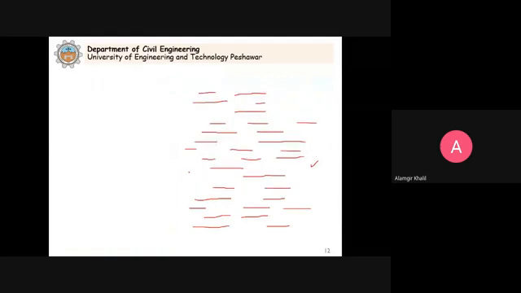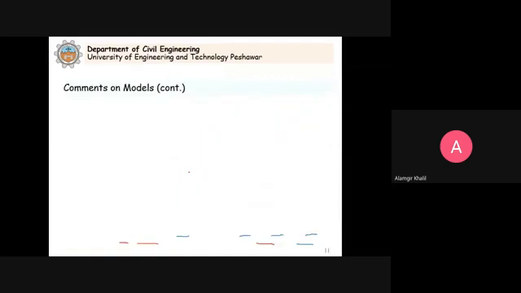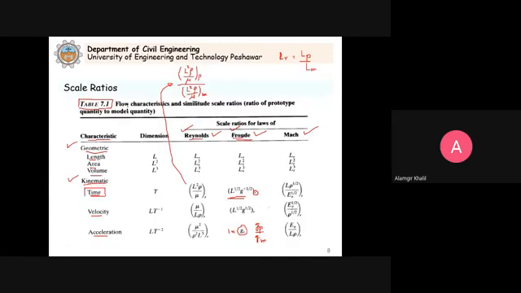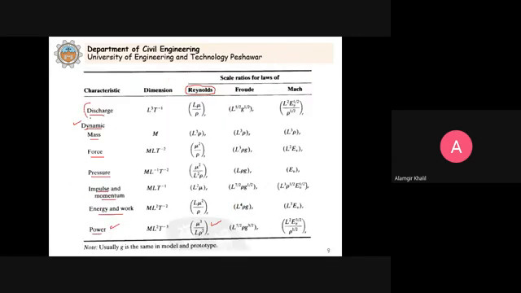If I go back, this is the table we just discussed, which is given in your textbook. For the Reynolds number, where is the discharge? This is the discharge, and this is the Reynolds number.